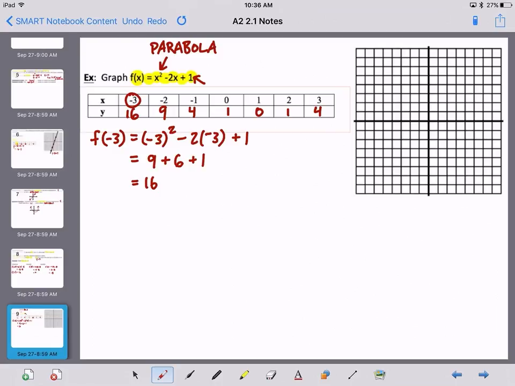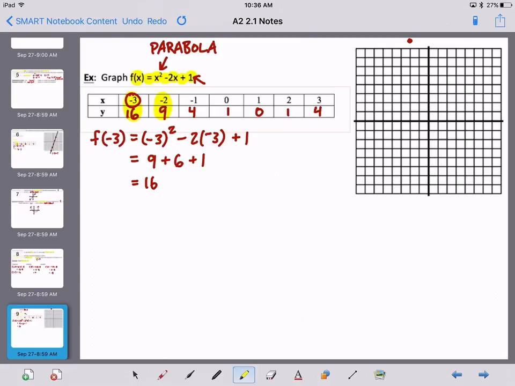Now let's graph those. This first ordered pair you probably won't be able to fit on the graph because 16 is way too far up. So let's start with negative 2, 9. So go left 2, up 1, 2, 3, 4, 5, 6, 7, 8. And it'll be a little off the graph at 9.